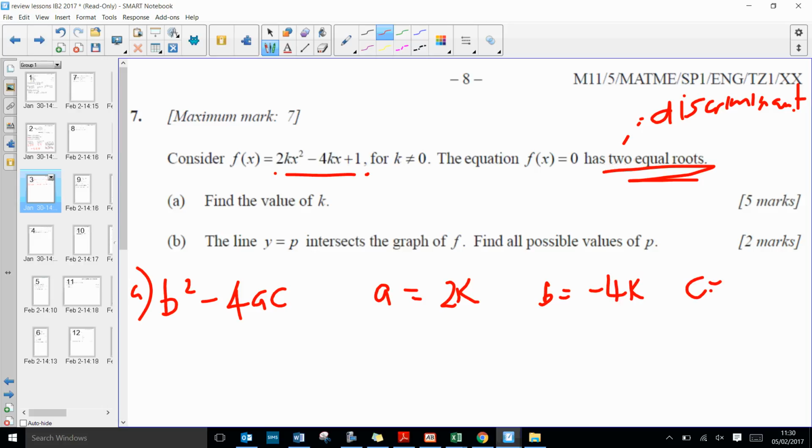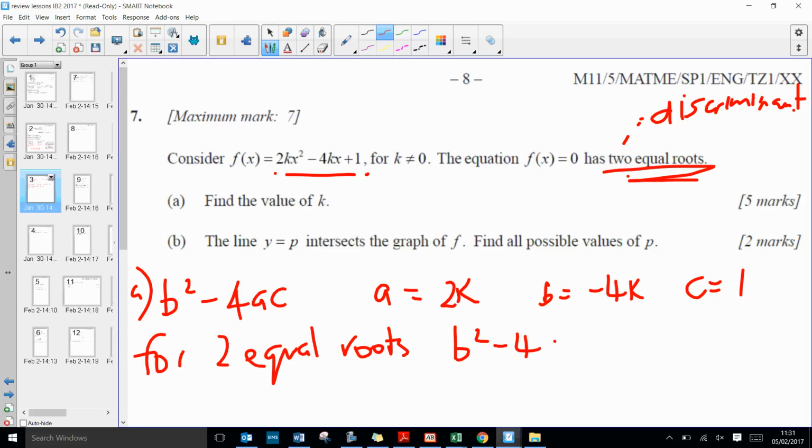So b squared minus 4ac, don't put brackets when we're doing this. And apologies, when it has two equal roots, we know that b squared minus 4ac equals 0.